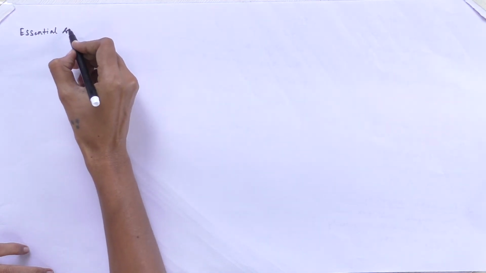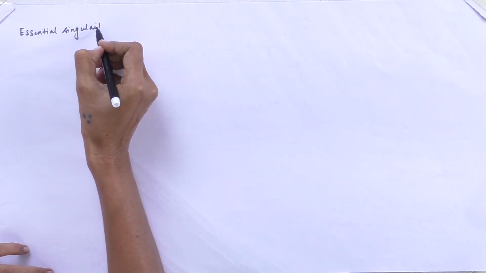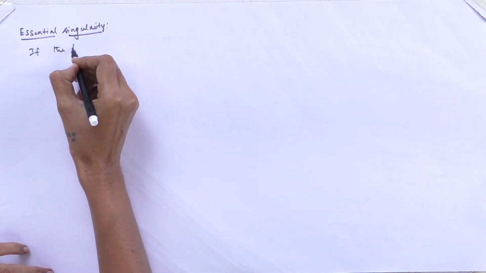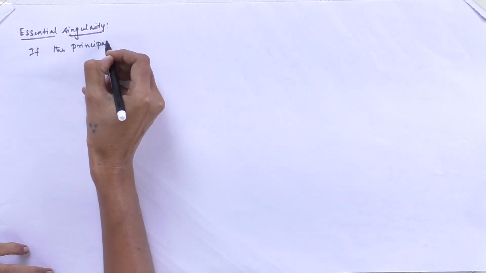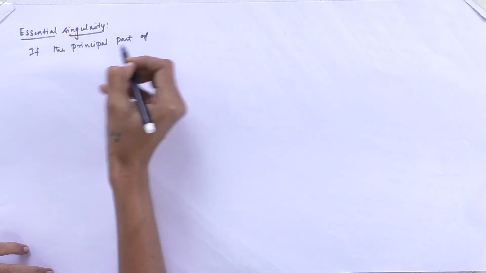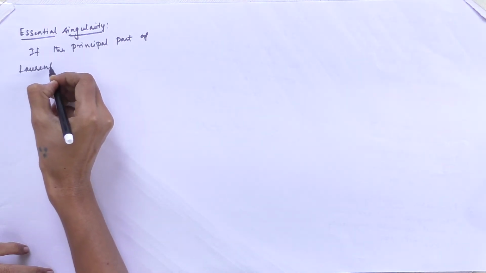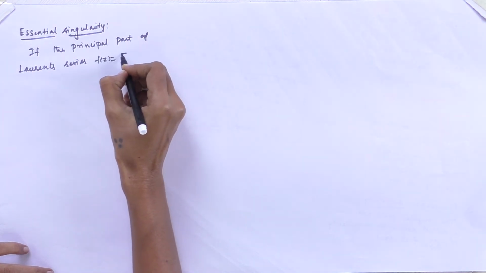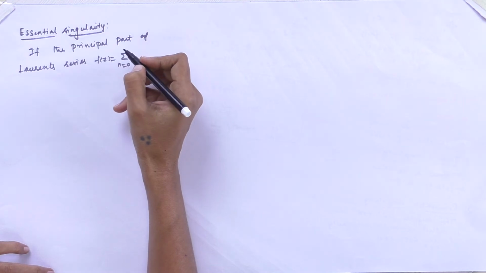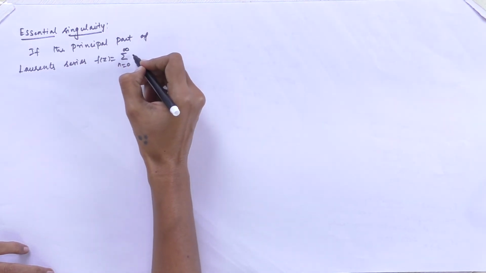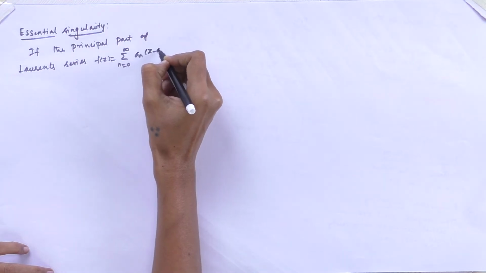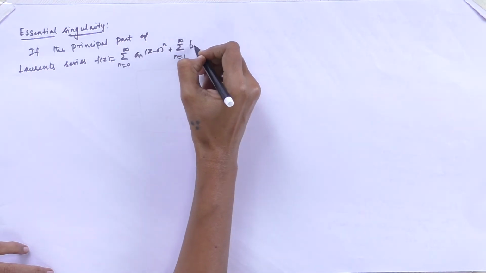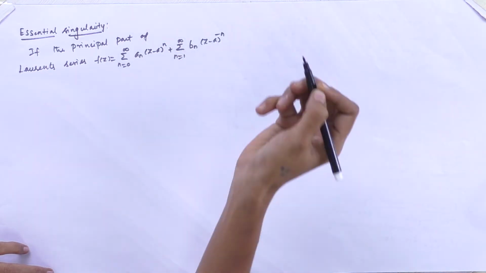So the next one is essential singularity. If the principal part of the Laurent series possesses an infinite number of terms, then z equal to a is called an essential singularity. The Laurent series is nothing but f of z equal to summation over n equal to 0 to infinity of an into z minus a raised to the power n, plus summation over n equal to 1 to infinity of bn into z minus a raised to the power minus n.